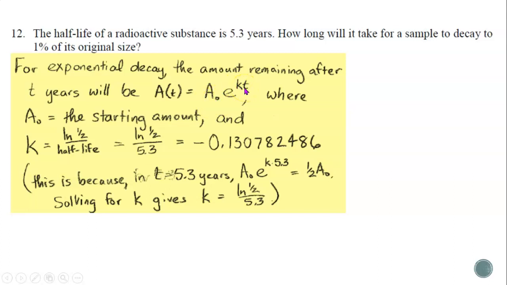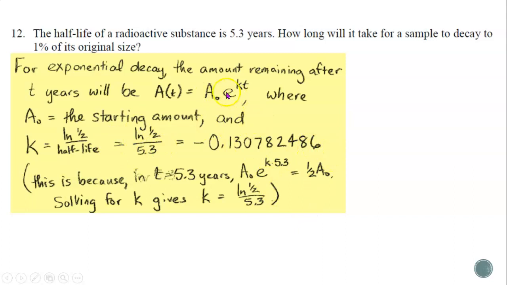T is the number of years, and k is the ln of 1/2 divided by whatever the half-life is. Here we are told that that half-life is 5.3. So the number that we use for k is the natural log of 1/2 divided by 5.3, which comes out to be about negative 0.130782486.